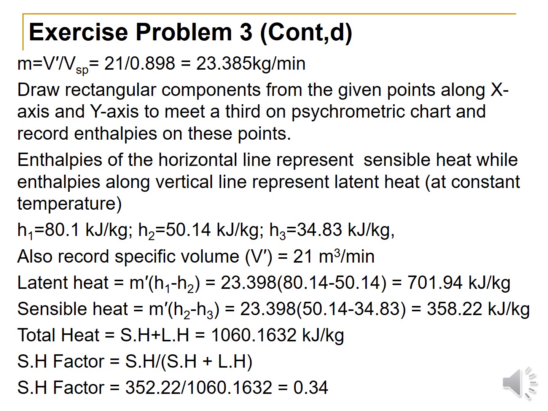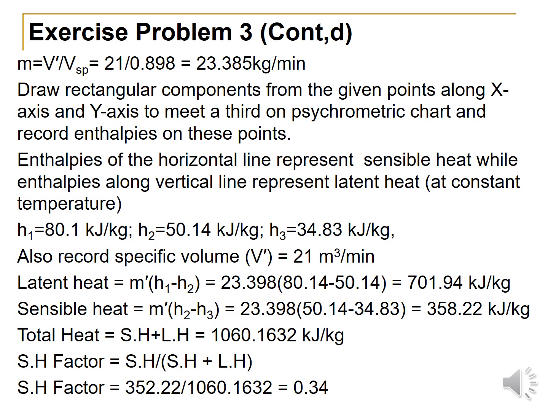So mass flow rate is equal to volume flow rate divided by specific volume. So its value comes to be 21 divided by 0.898, so 23.385 kilojoules per minute. Draw rectangular components from the given points along x-axis and y-axis to meet a third point on the psychrometric chart and record enthalpies at these points.